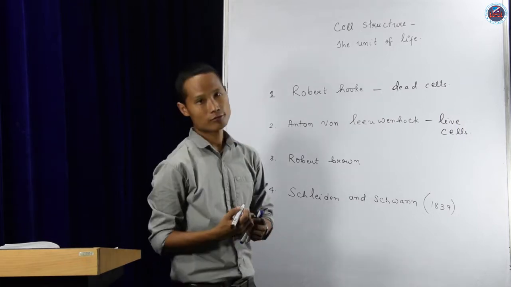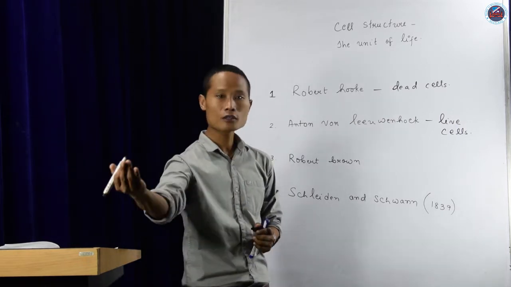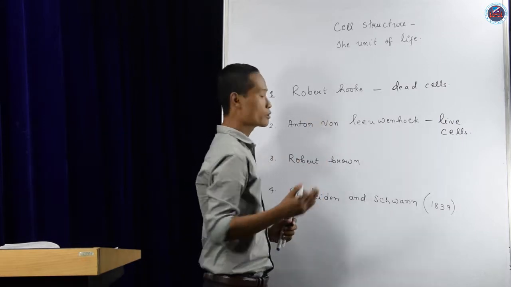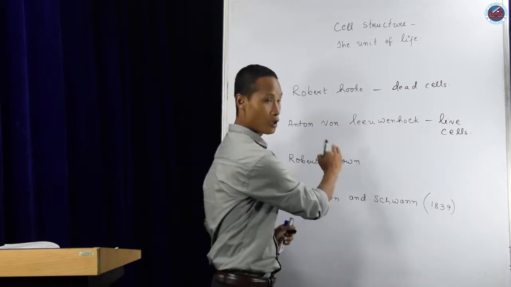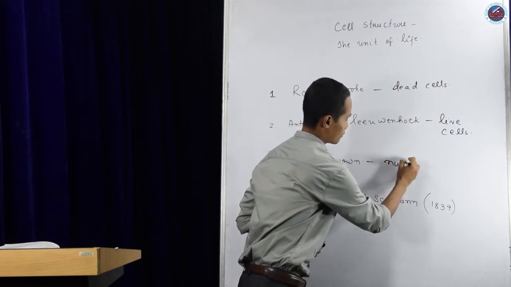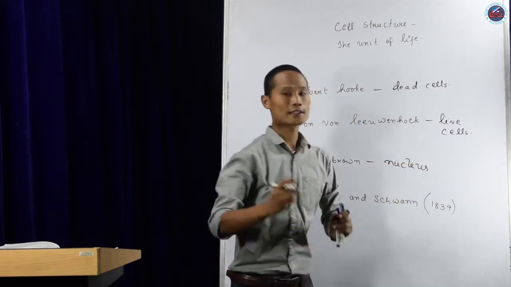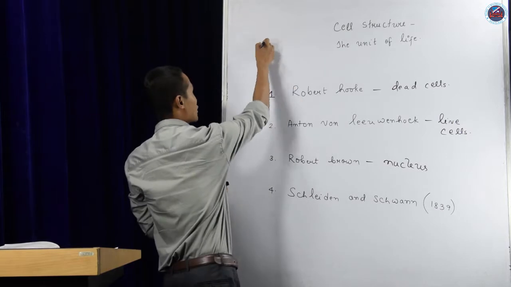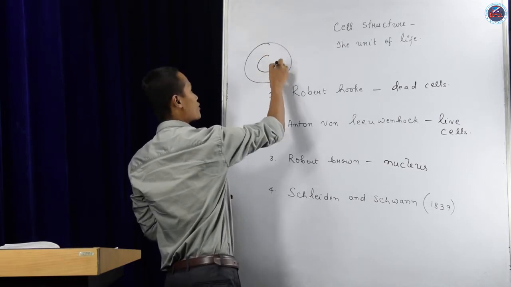So it was Anton von Leeuwenhoek after Robert Hooke. Then later on, as research kept going on, another scientist came to be known as Robert Brown, who had discovered the nucleus, that the cell has a nucleus. If this is our cell, then there is a nucleus.